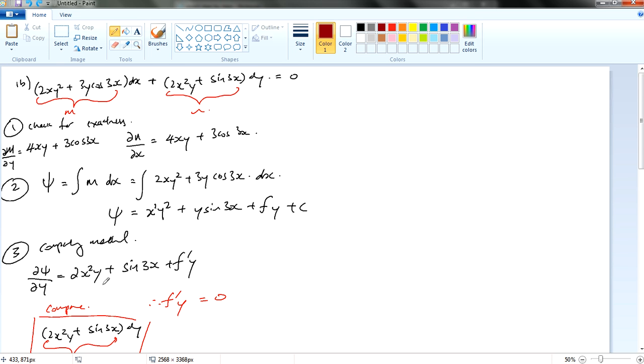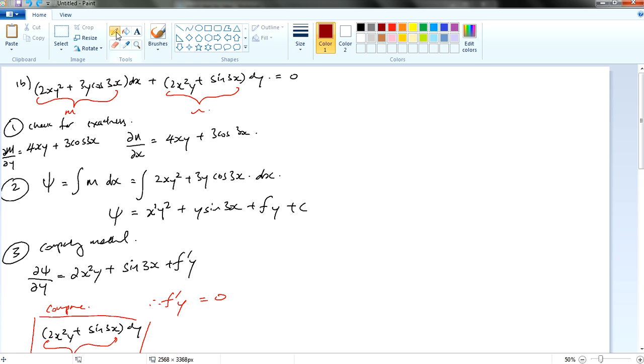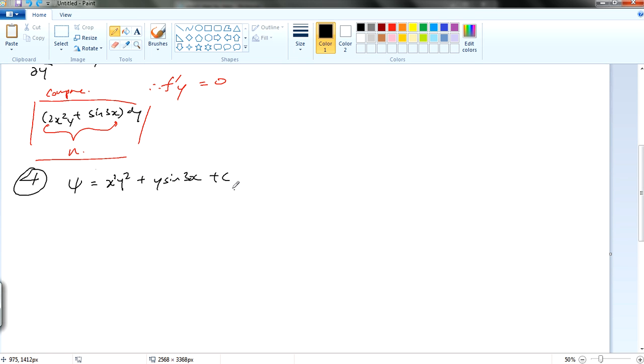So therefore you finally solve for it. So what do you mean? Let's say you have this equation psi. Let's do a reverse engineer.